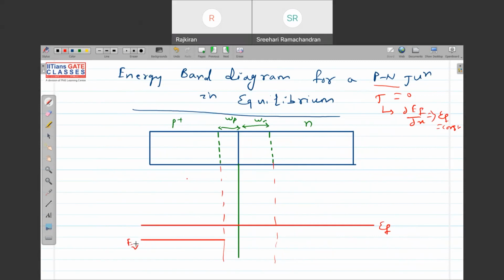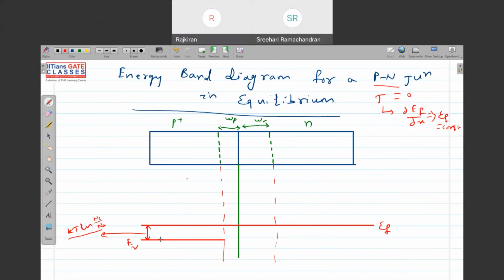The difference EF minus EV in P type is kT ln(NV by NA). This is what we derived. Depending upon the doping level, this can be calculated. If I know EF, I have to go this much distance below EF to get EV. Clear? This is derived.